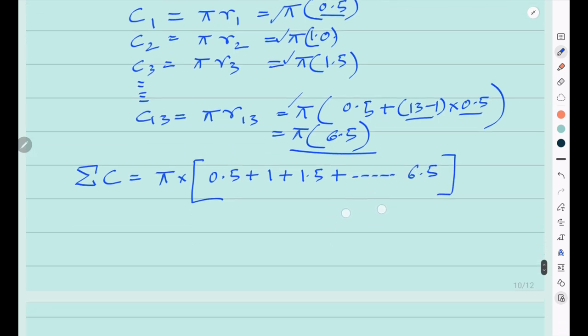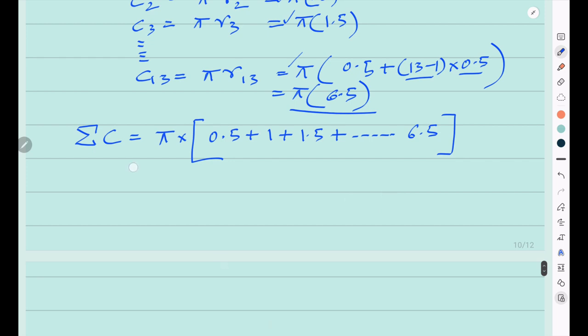So this is what we need to find out, isn't it? Now we need to find out the value of this, and this is the sum of an AP, with first term 0.5.